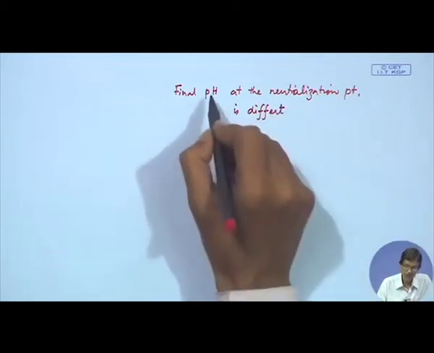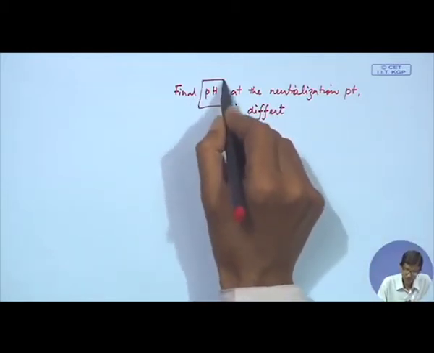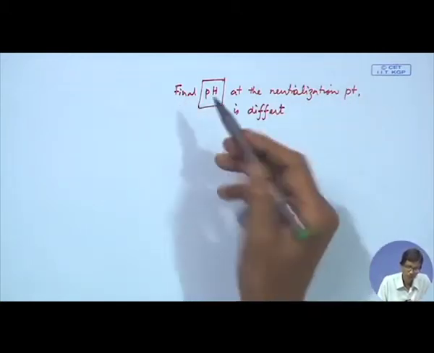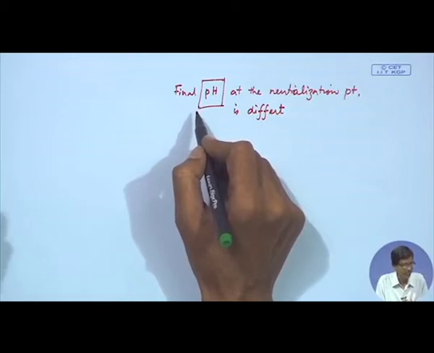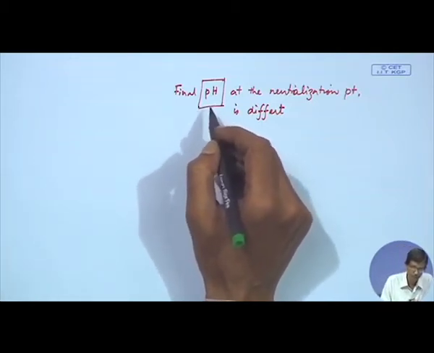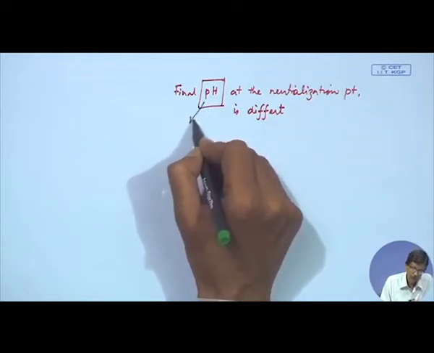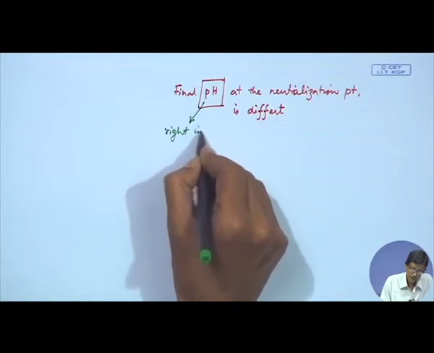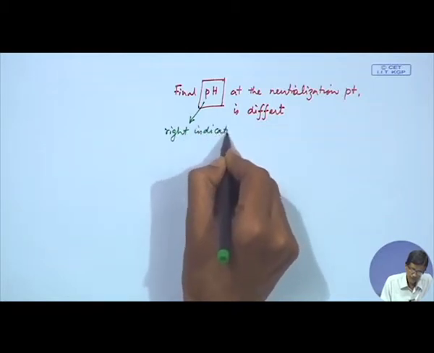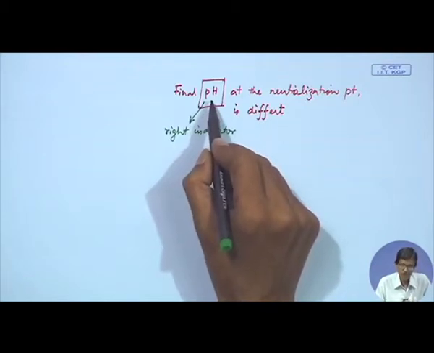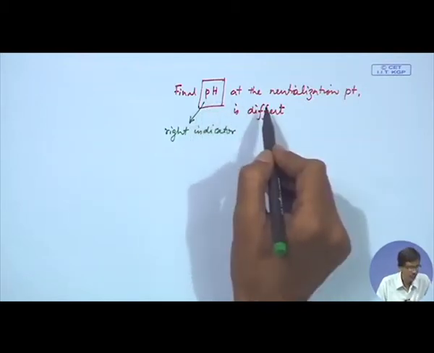Since this particular pH value is different for different acid base combinations in the titration, we have to use different indicators, and that is how we choose the right indicator. So, we must have some good knowledge about the final pH for the end point of a particular titration.